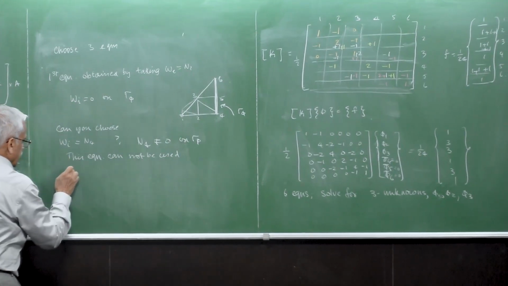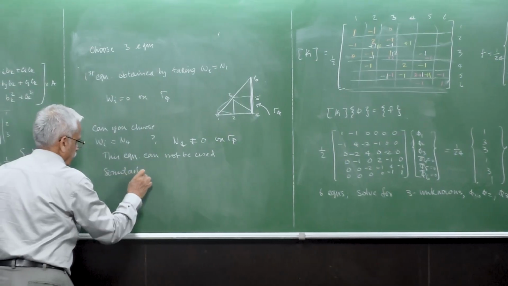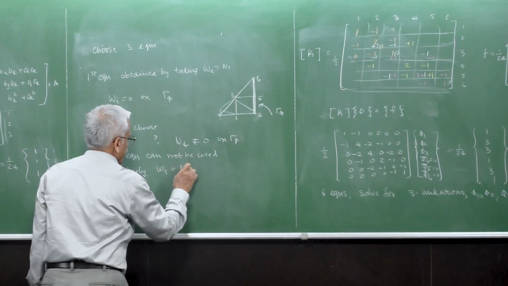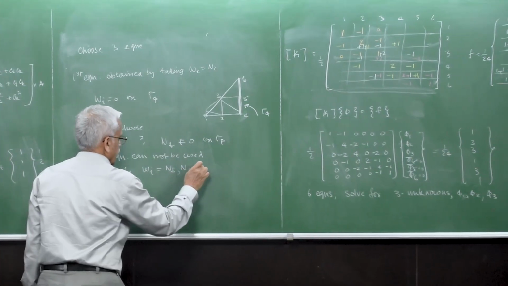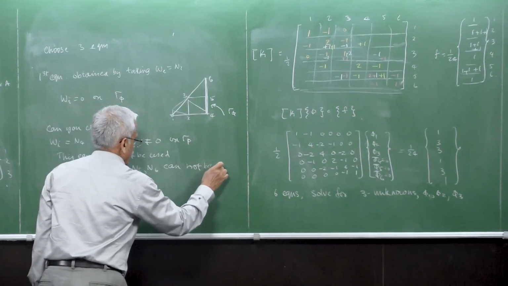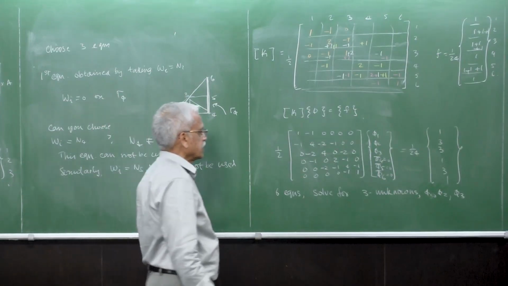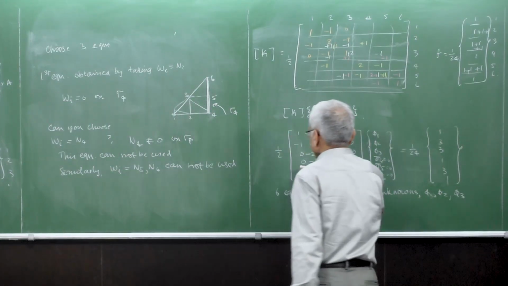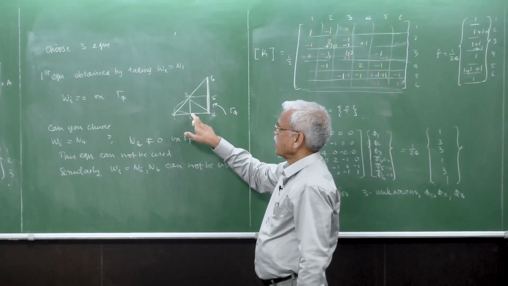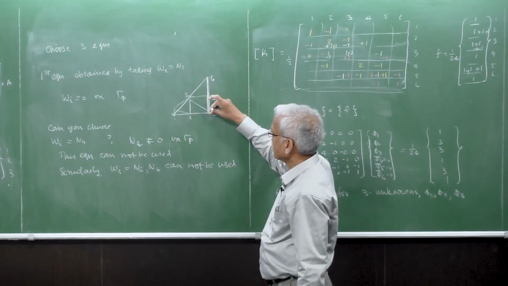Similarly, we cannot use Wi equal to N5, and N6 cannot be used. The only Wi that can be used satisfactorily is Wi equal to N1, which is fine. Wi equal to N2 is also fine, because you have a value of 1 here and it goes to 0.